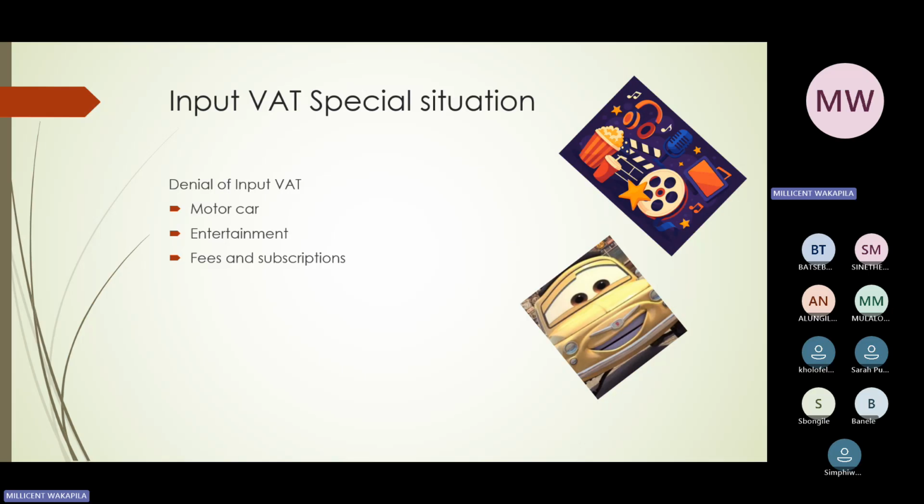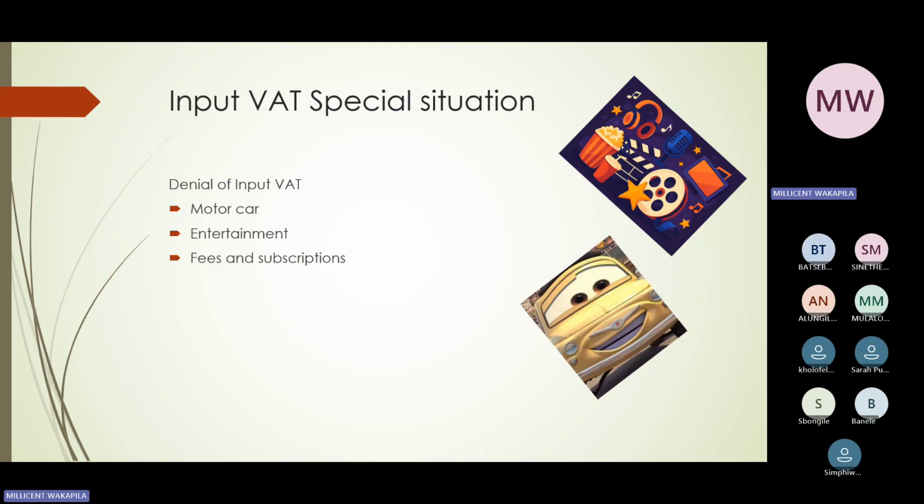They're gonna tell you that Millie bought a motor car for 10,000 rand. Please calculate the VAT that she can claim on the purchase of the motor car. What you can say here is you write in the column that you're supposed to calculate the VAT on: VAT is denied, right? And then in the calculations it's 0.